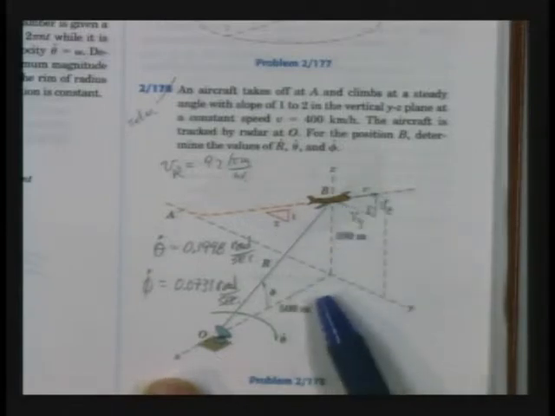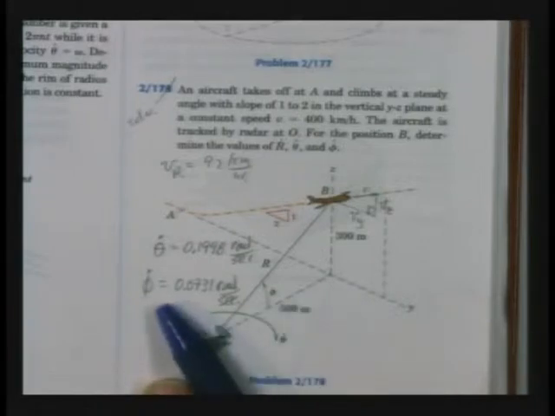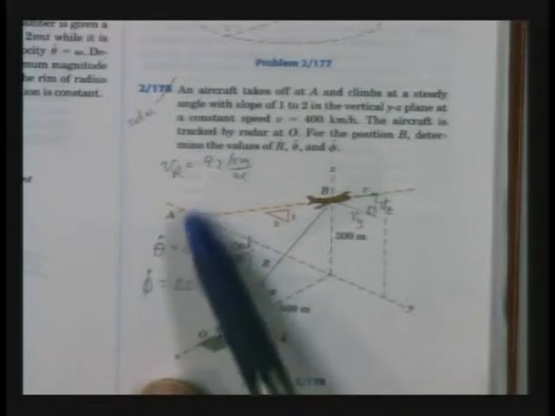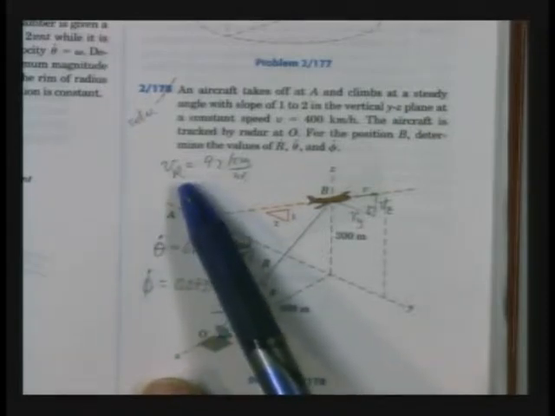What we want to do is come up with these components, and what they were asking you to find is phi dot, theta dot, and the capital R component of velocity.